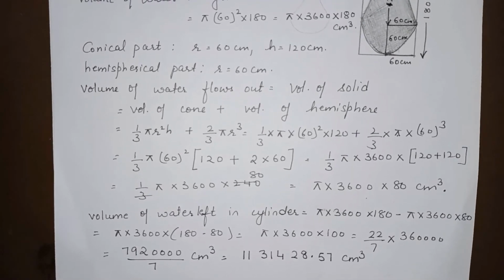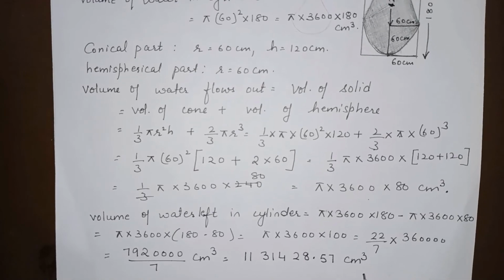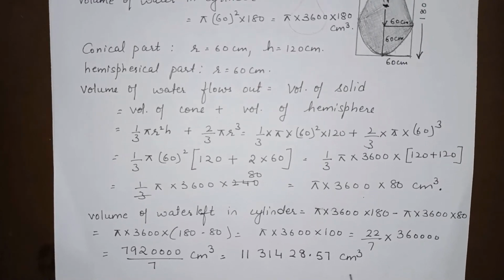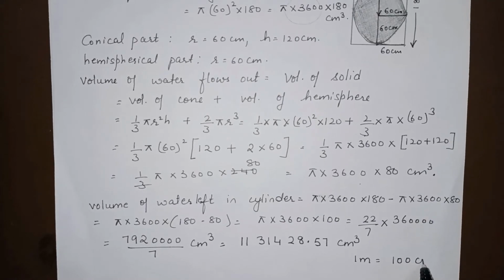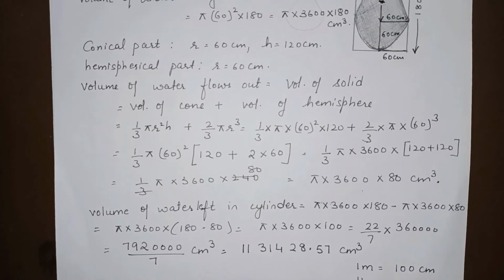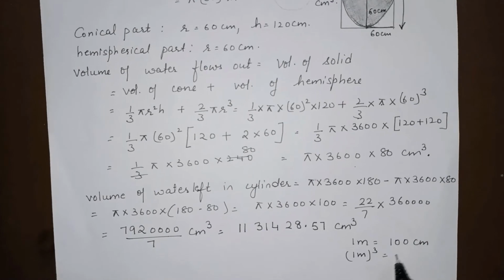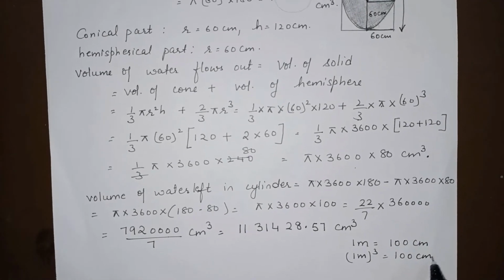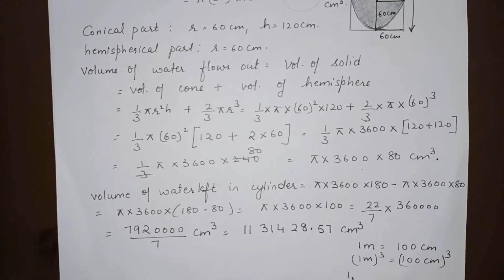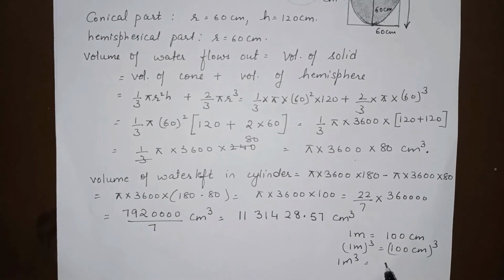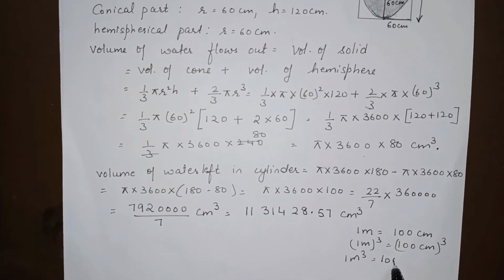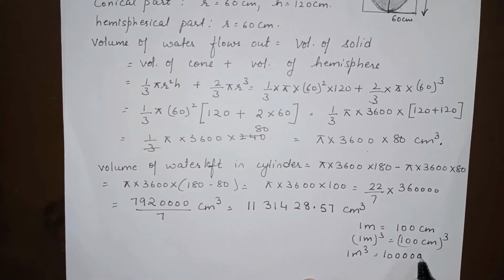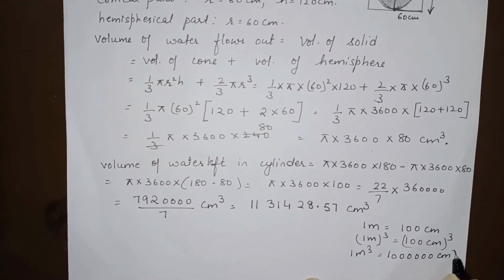We have got this. Let us change this centimeter cube into meter cube. For this, remember, 1 meter is 100 centimeter. So 1 meter cube will be 100 into 100 into 100. So this will be 10 lakh centimeter cube, 1 followed by 6 zeros.